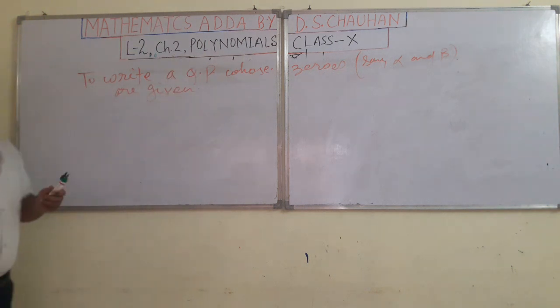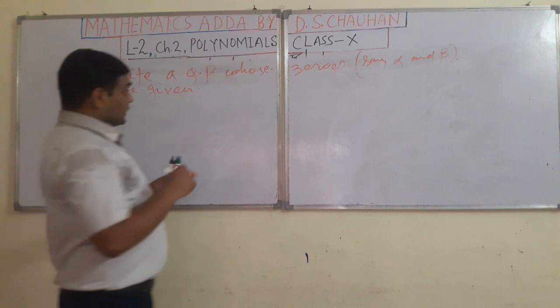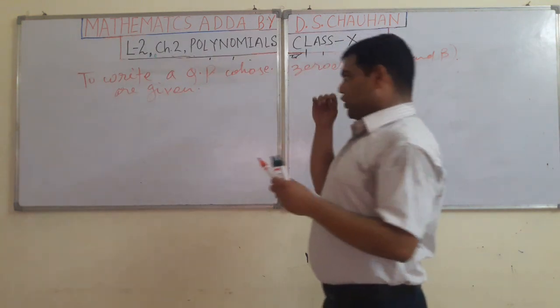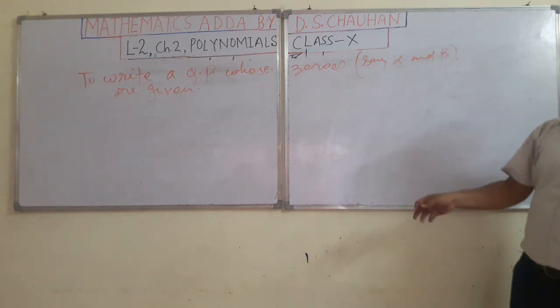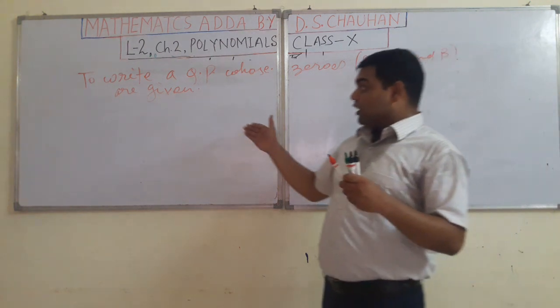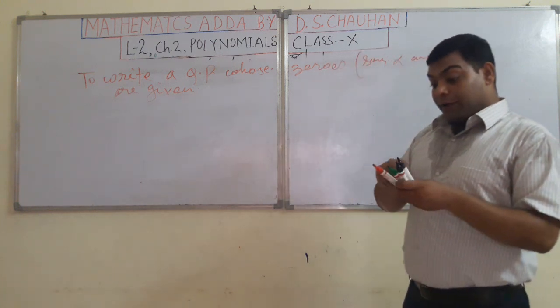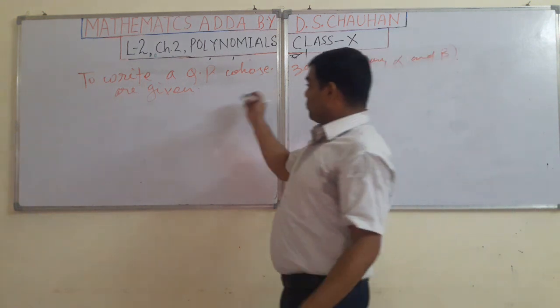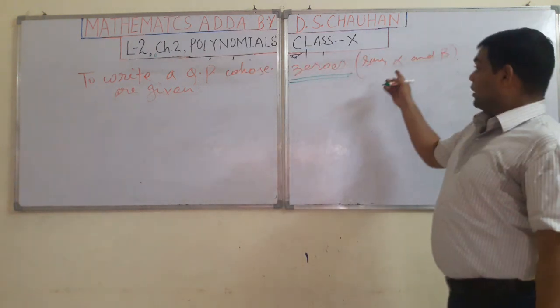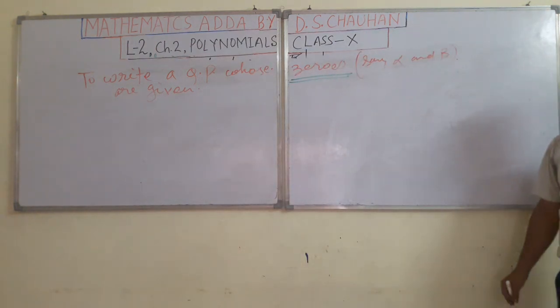In the previous concept you have seen, we have written a quadratic polynomial whose sum and product of the zeros are given. But here we are going to write a quadratic polynomial whose zeros alpha and beta are given.